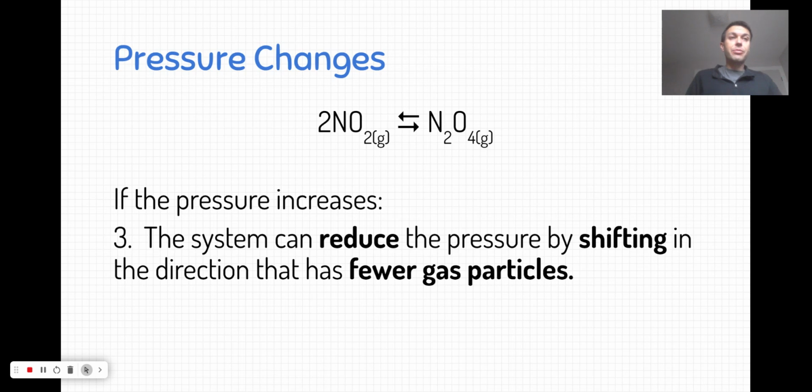In this case, that's the right side, one particle versus two particles on the left-hand side. This reduces the pressure because gas pressure occurs from collisions between gas particles and the walls of the container. So if there are fewer gas particles, there are going to be fewer collisions, and that will reduce the pressure.